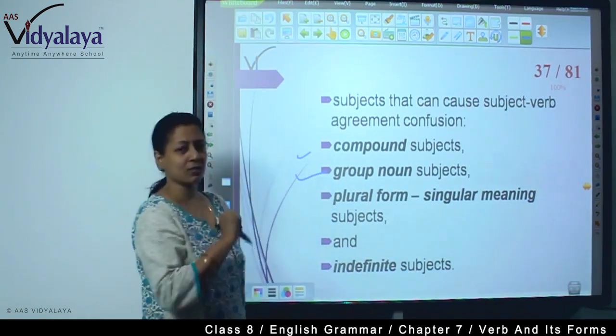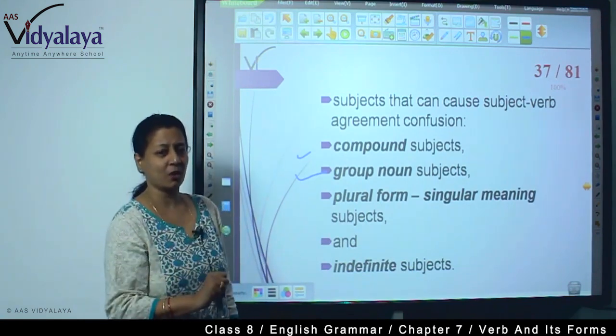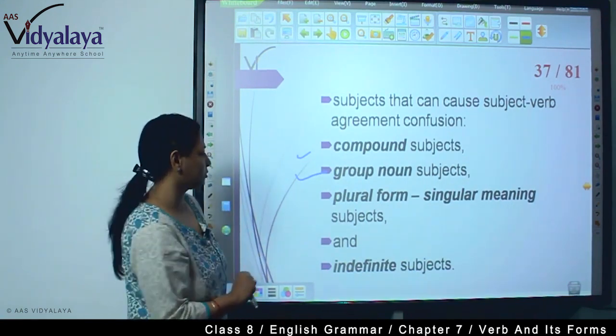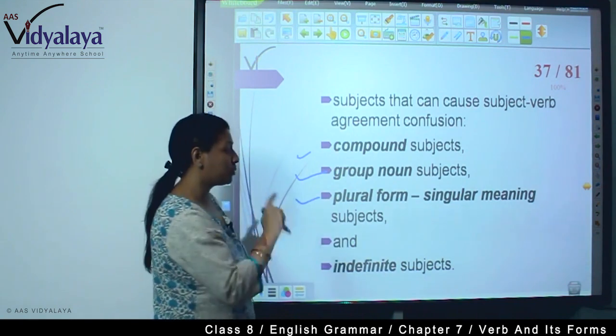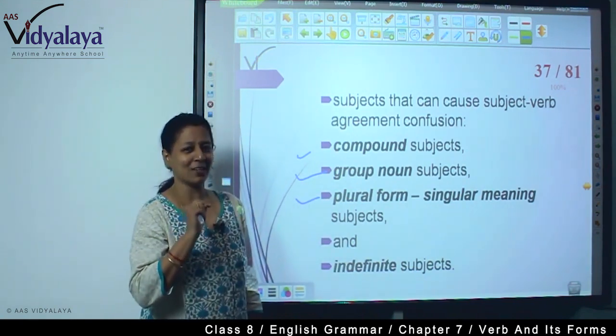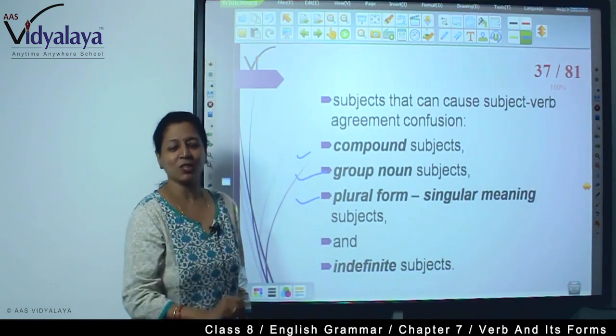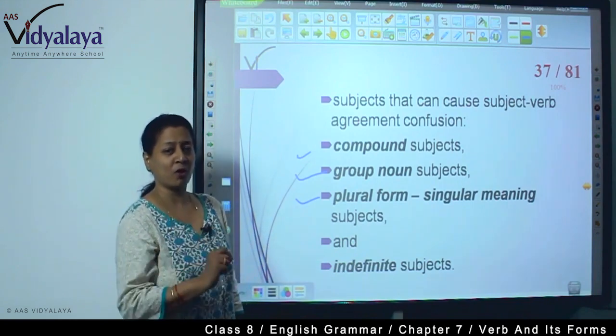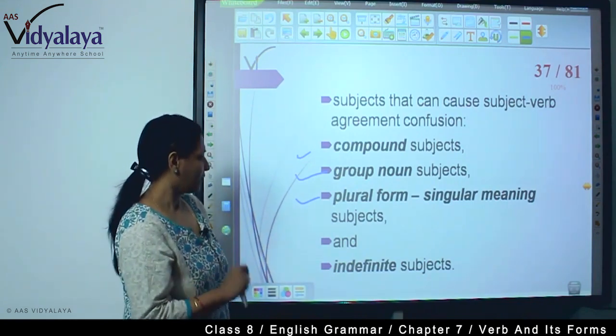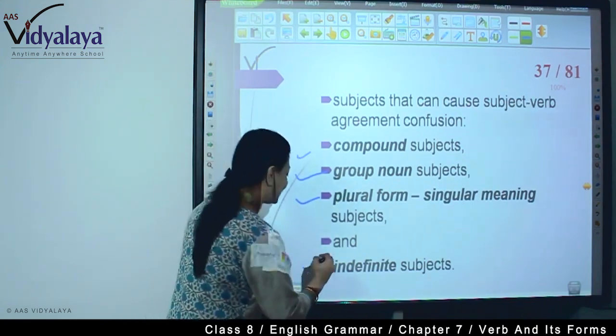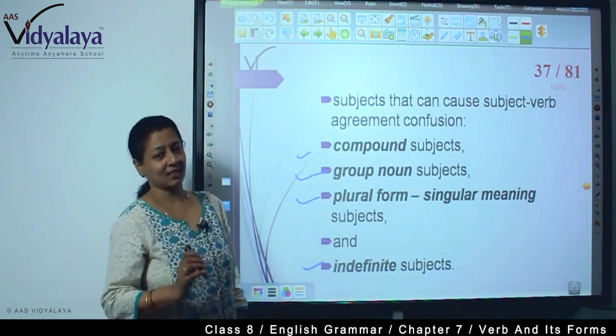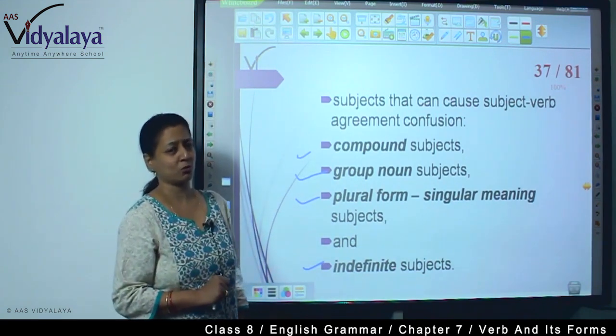When there is a group noun subject, that is a collective noun, then you will get confused. And when there is a plural form but singular meaning, then you will get confused about what form of verb you need to write. And when there are indefinite subjects, then also you will get confused.